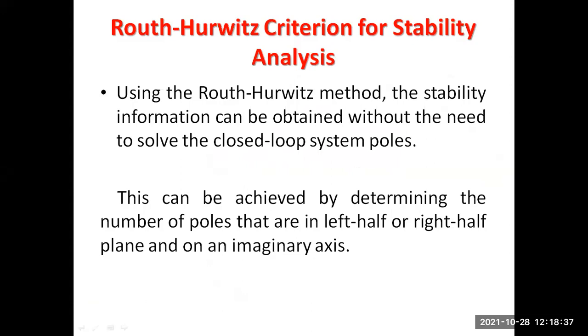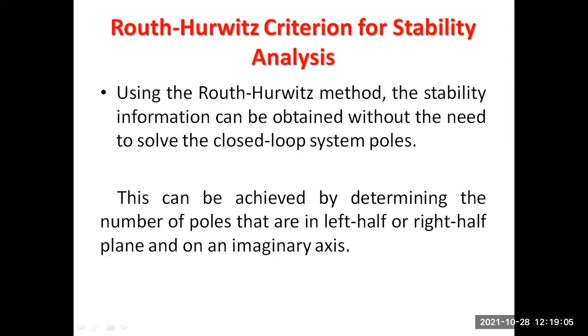Now, stability analysis in control systems was first attempted by the scientists Routh and Hurwitz. These two scientists devised this stability analysis criterion, and using the Routh-Hurwitz criterion, the stability information can be obtained without the need to solve the closed loop system.